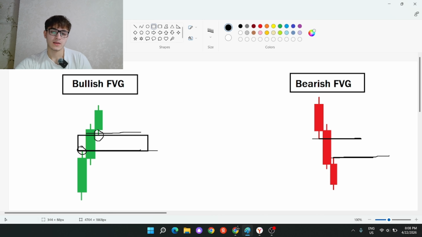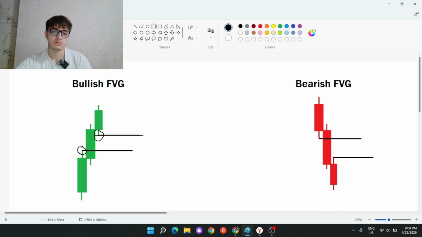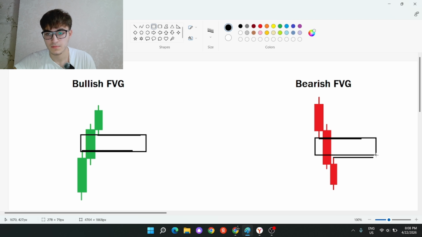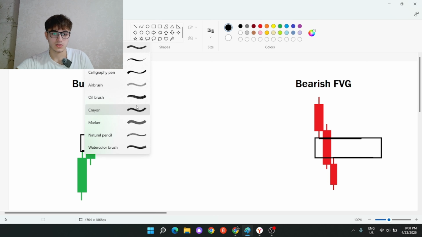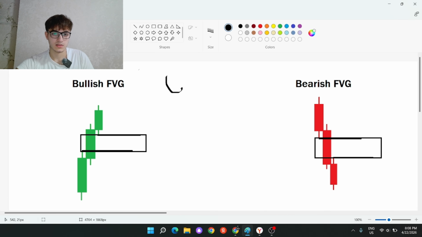So what is the inverse fair value gap? We have the fair value gap and the inverse fair value gap. First of all, we mark this fair value gap and this fair value gap. When price comes to this zone, this is our fair value gap.